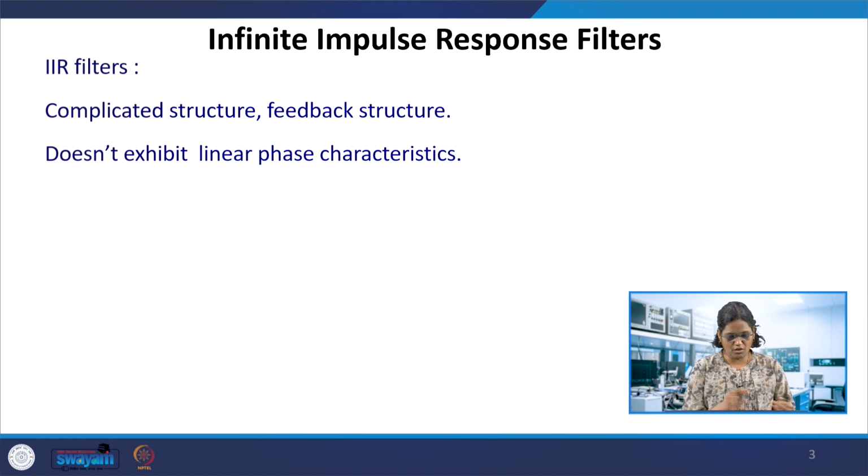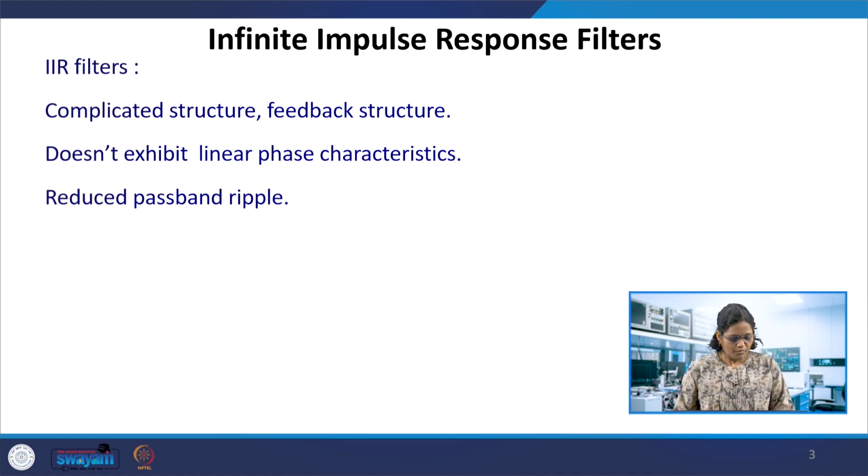If you recall that pass band, we have this phase which is linear, and the coefficients are giving the linear phase characteristics, and compared to the order, it has reduced passband ripple, good characteristics of the filter.